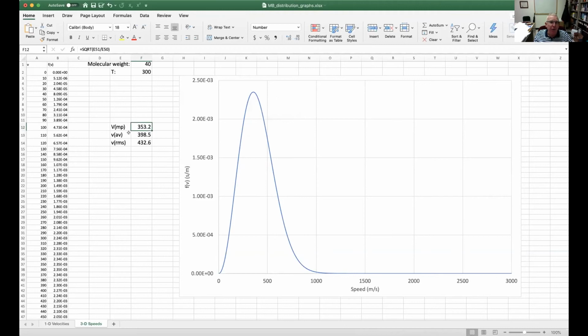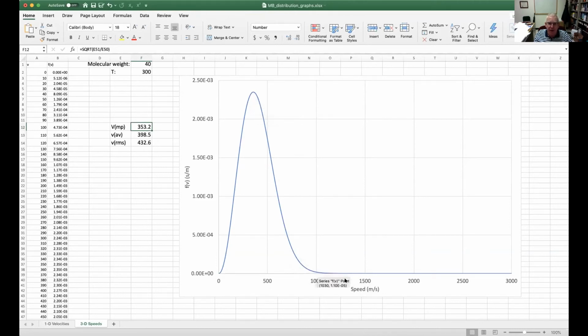It talks about a couple other things that we'll meet momentarily. The average speed is a little bit higher than the most probable speed. The reason for that is this curve is asymmetric. We'll see that better in a minute, but it stretches out a little further on the high speed side than on the low speed side. You can see that by the fact that it doesn't get down close to 0 until I get out past 1,000 meters per second, even though the top of the mountain is around 350.